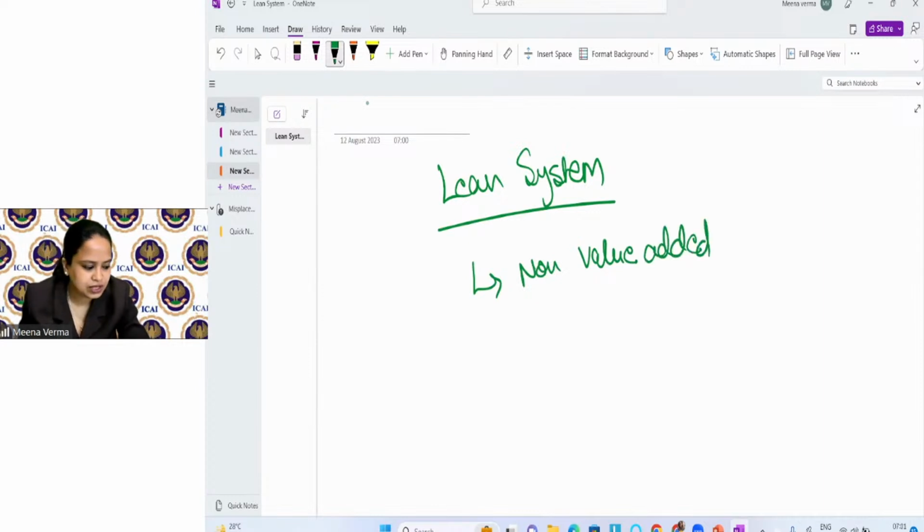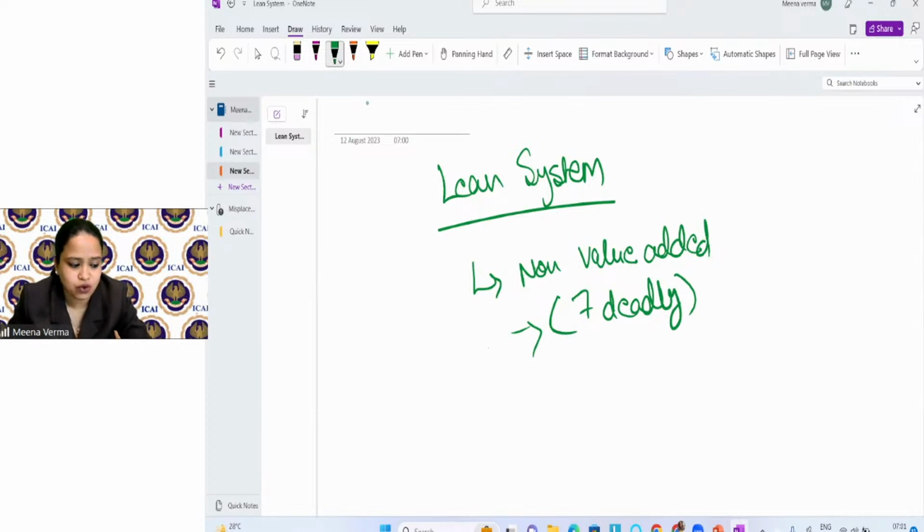We learned that an organization can have 7 deadly wastes, and we try to identify all of them in the company and always try to remove them from the organization. This is what we do in the lean system. Once the organization is focused on removing non-value added activity, ultimately it will be focused on the value added activity.